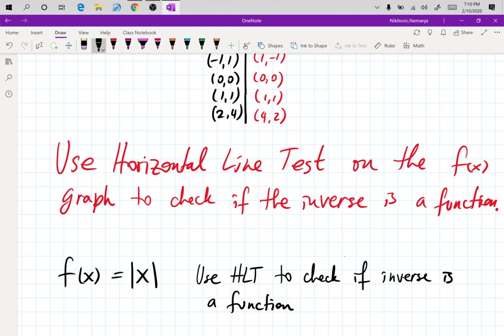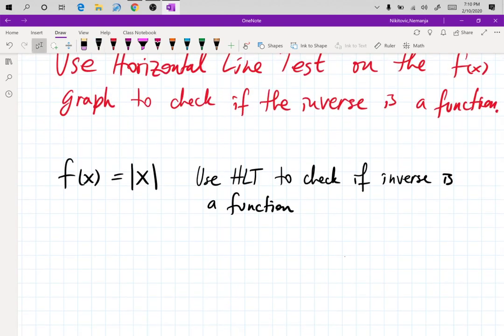So what is your verdict? Well, you need to know what the absolute value graph is. Did you memorize that? Because, right, it's a V shape.